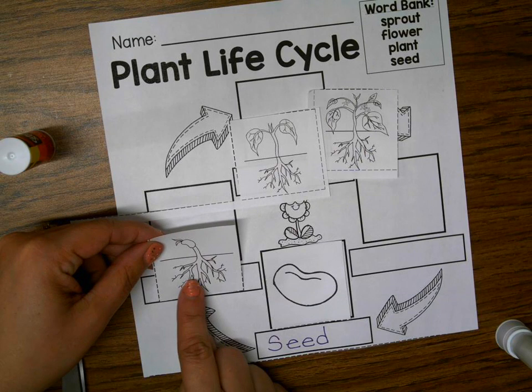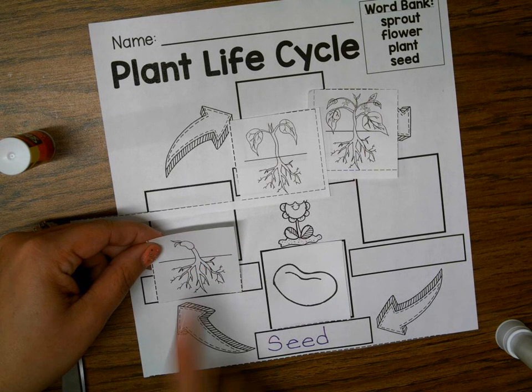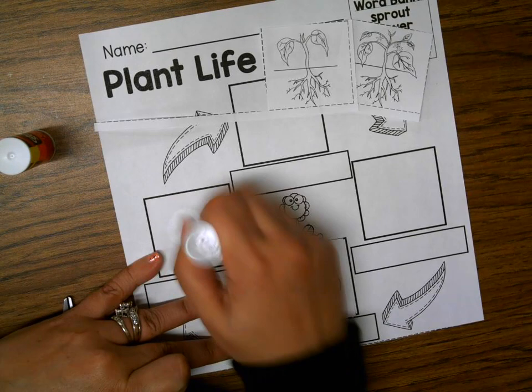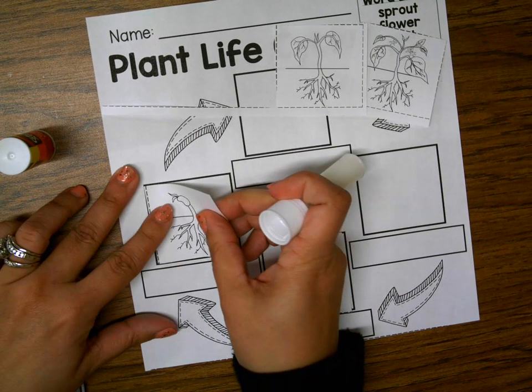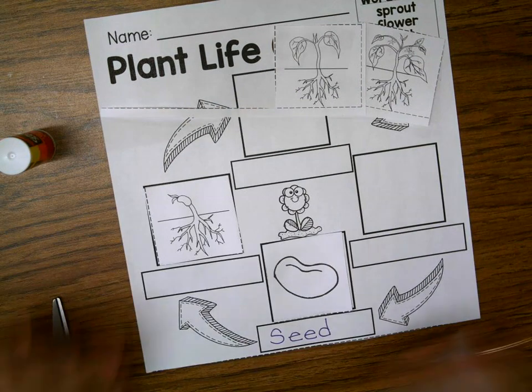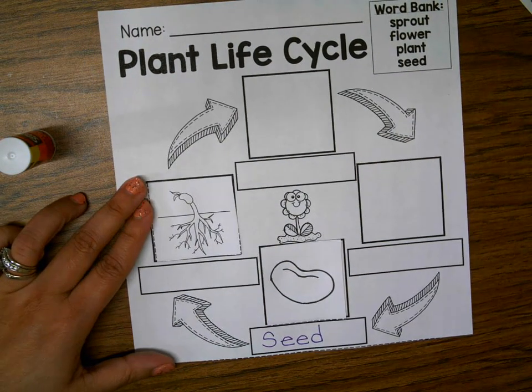So this one has all of the roots. And you can see that it has started to sprout just a little bit, okay? We have the roots and the sprouts. We're going to put a little bit of glue. We don't need much. And in this box, we're going to write the word sprout.